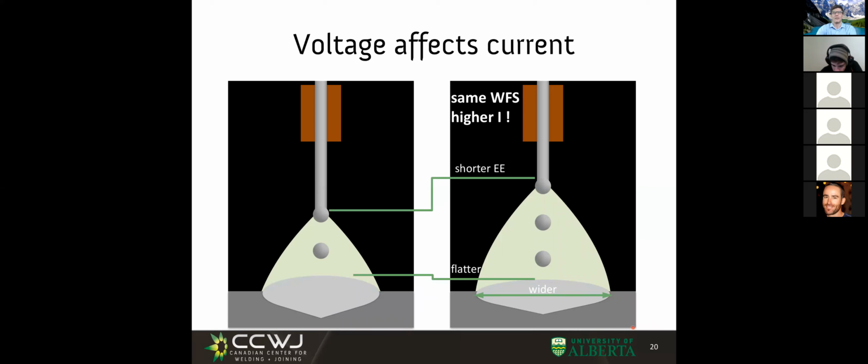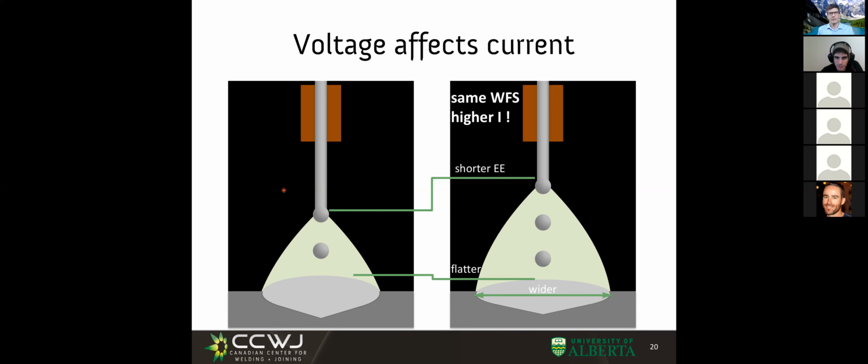In the case of steels, voltage affects current, right? For example, in MIG, you set the voltage, you set the wire feed speed, but you don't set the current. The current sets by itself such that you get that voltage for that wire feed speed. Look at this. Let's say we're welding happily in this image on the left. Say now that I increase the voltage.